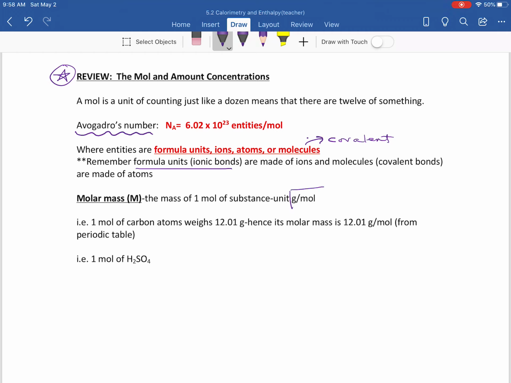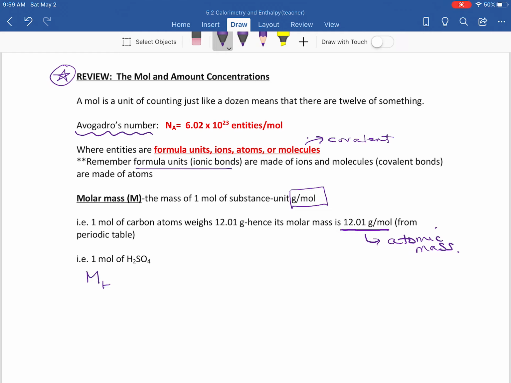Molar mass is the mass of 1 mole of the substance, and our unit in this situation is grams per mole. So where do you find this information? Well, you'll look at your periodic table. This is your atomic mass.